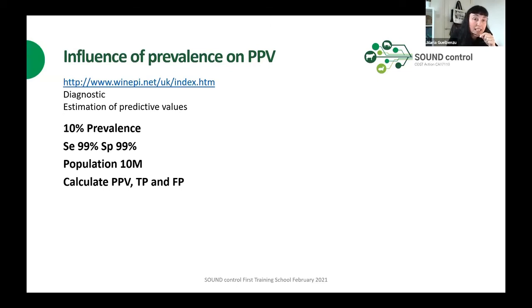With these details, 10% prevalence, a sensitivity of 99%, a specificity of 99% and a population of 10 million, calculate the positive predictive value, the true positives and the false positives, and put your results in the chat.